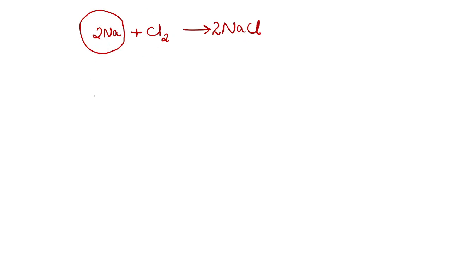First of all, the sodium atom has lost an electron. When the sodium atom has lost an electron, it means Na has become Na+, plus it has lost one electron. But now in my reaction, how many sodium atoms did I have? I had 2 sodium. So if 2 sodium are there, then 2 Na+ will be formed and they will release 2 electrons.